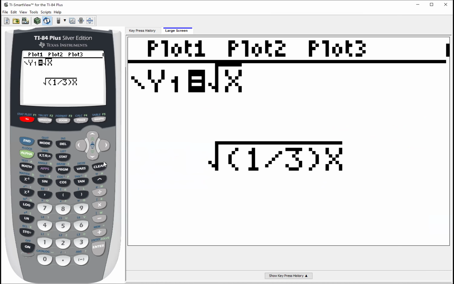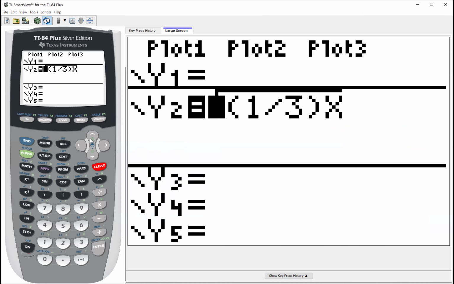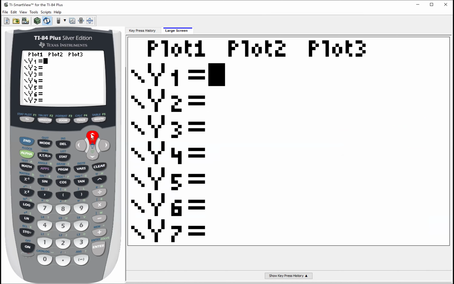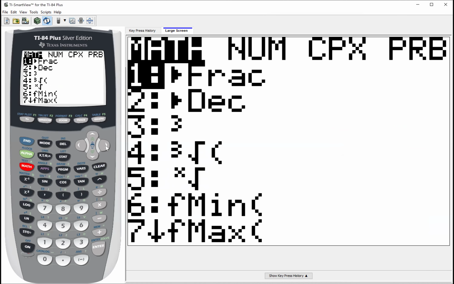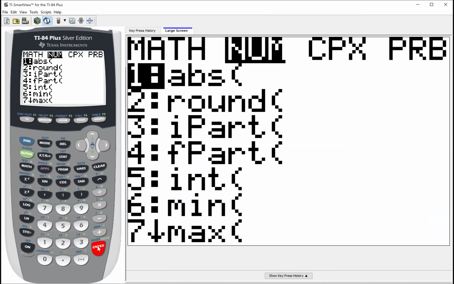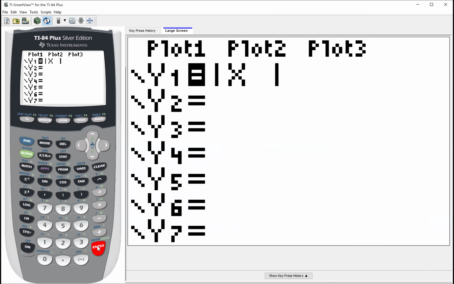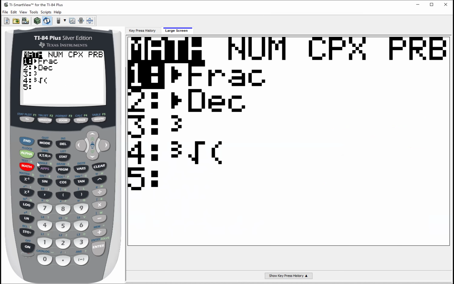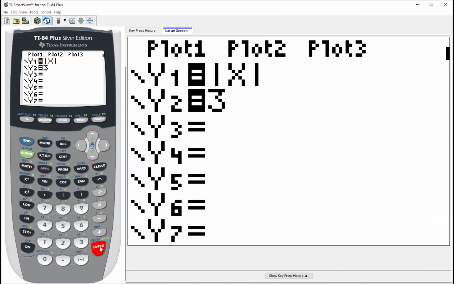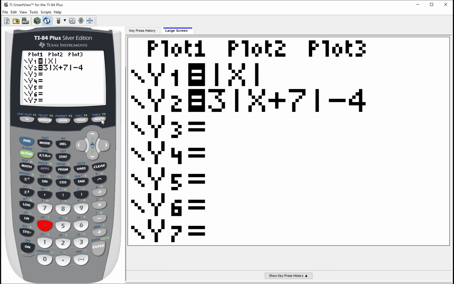And we could graph this. So we're starting with the absolute value of x. And then we're going to end up with 3 times the absolute value of x plus 7, and then minus 4.